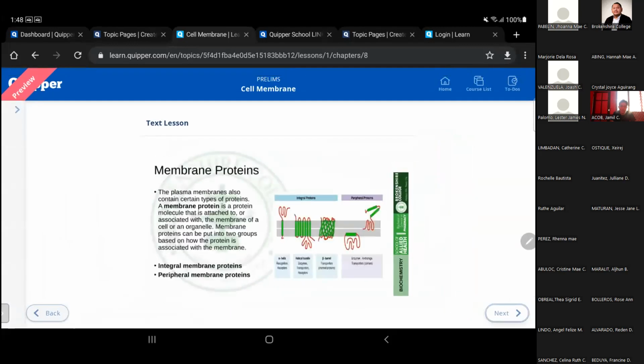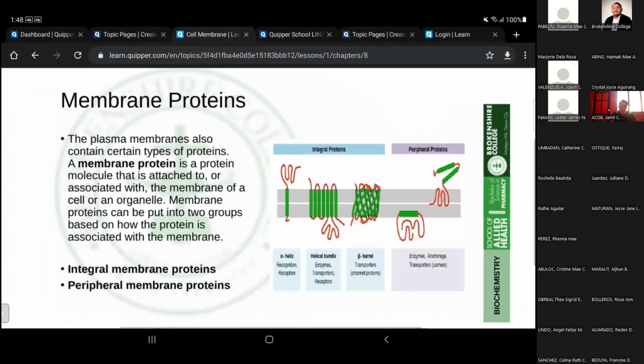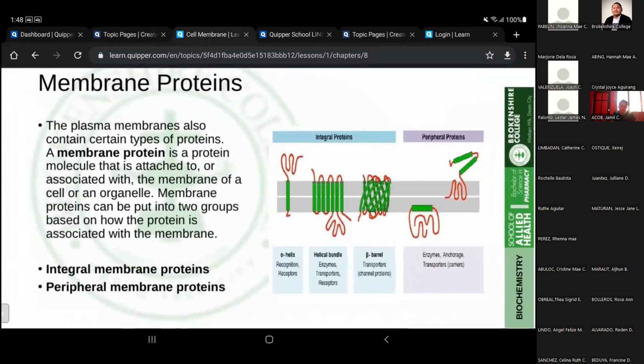Okay. Next part of the plasma membrane are the membrane proteins. In terms of our membrane proteins, the plasma membrane contains types of proteins. A membrane protein is a protein molecule that is attached to or associated with the membrane of a cell or an organelle.